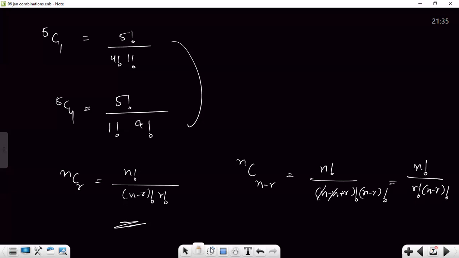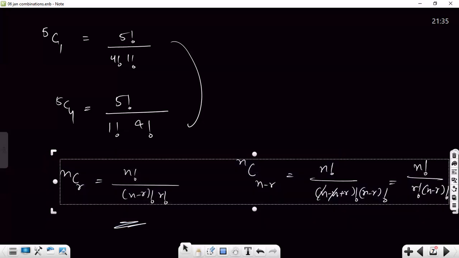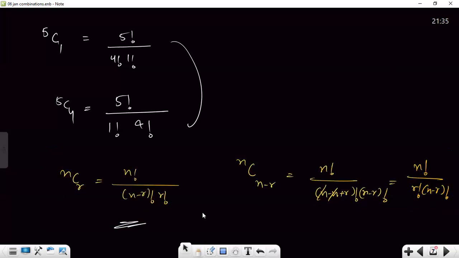Are they both the same? Please observe carefully. This is something very important. Are their results the same? Yes or no?